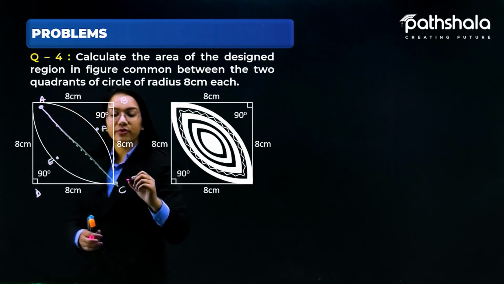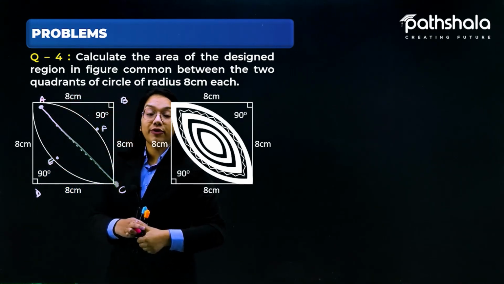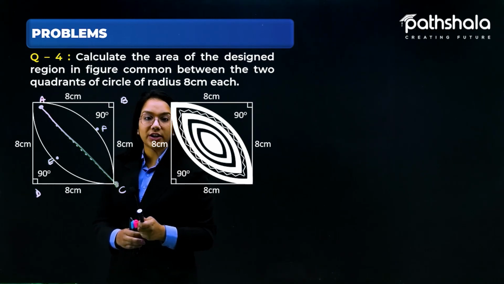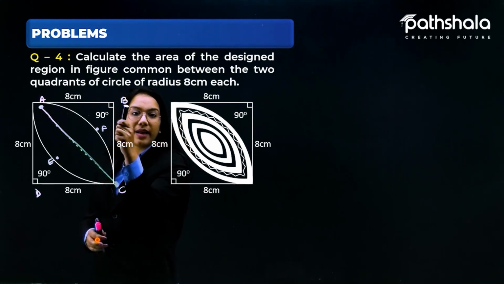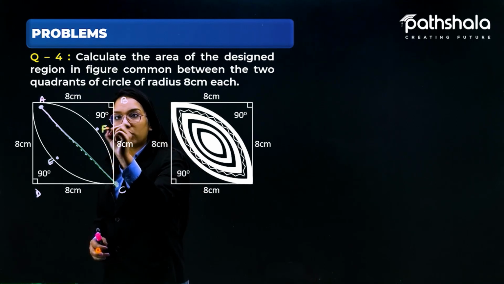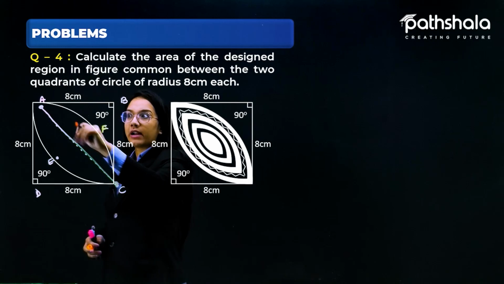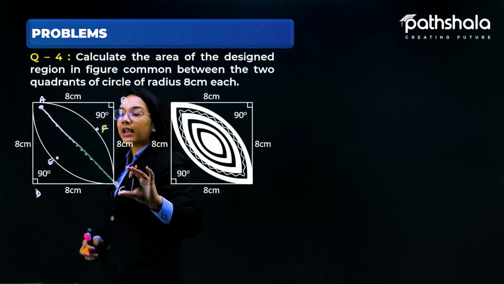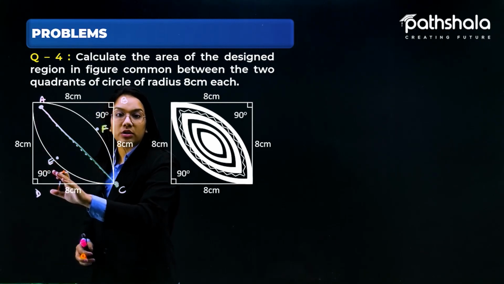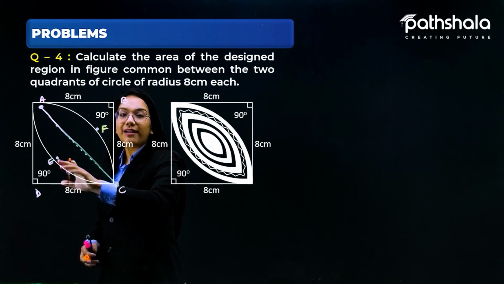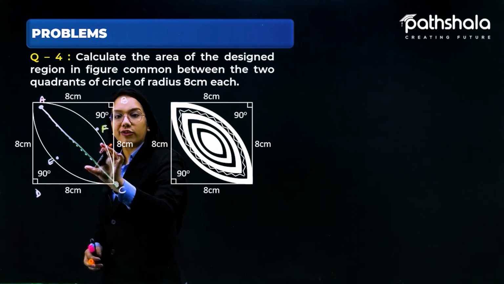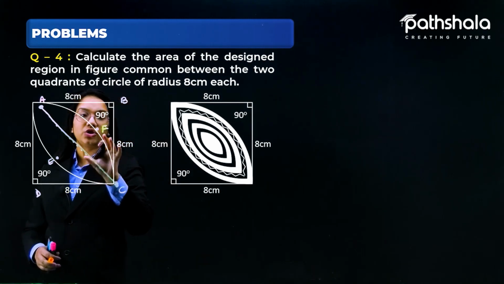As you can see, having joined A and C, first of all I am going to find the area of the section A, B, C, F. Sorry, I had taken it as F. So A, B, C, F. First I find the area of this particular section, and then again I will find the area of this other section. If we subtract these two sections from the whole square, then I will definitely be able to find the area of this shaded region.